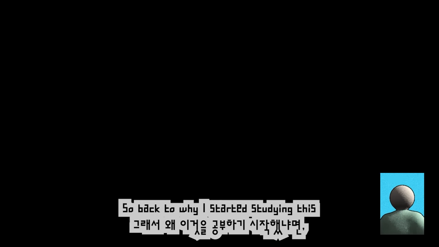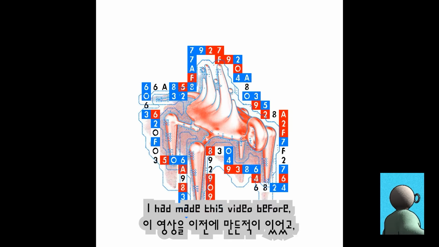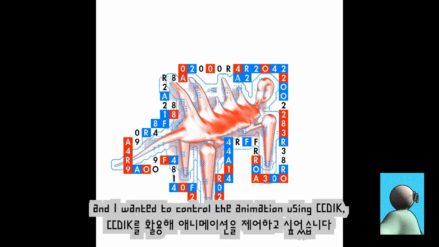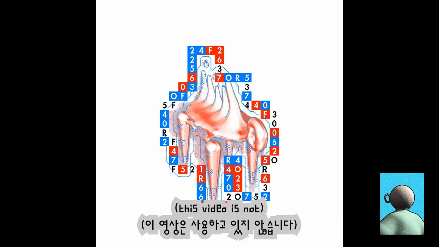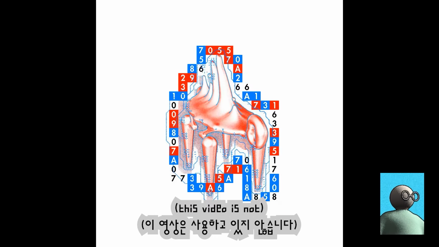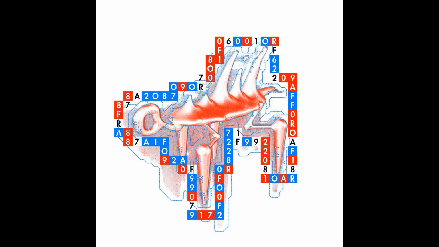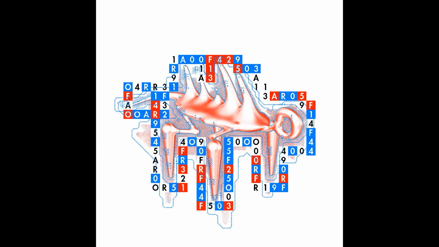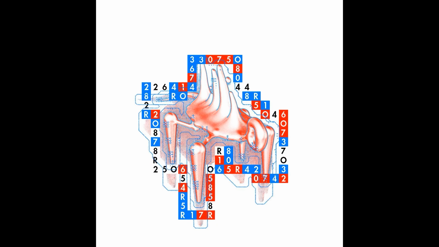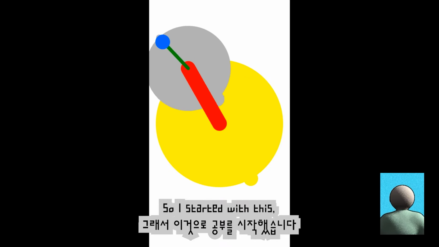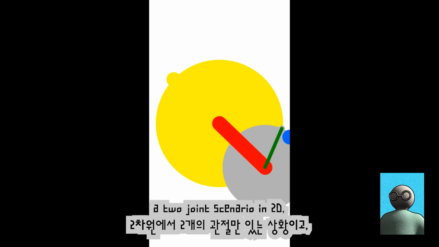So back to why I started studying this. I had made this video before, and I wanted to control the animation using CCDIK. So I started with this, a two-joint scenario in 2D.